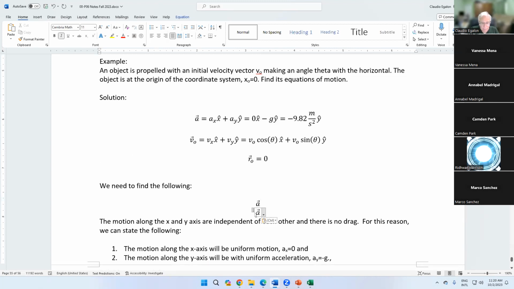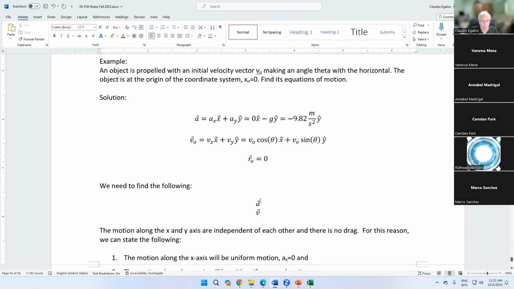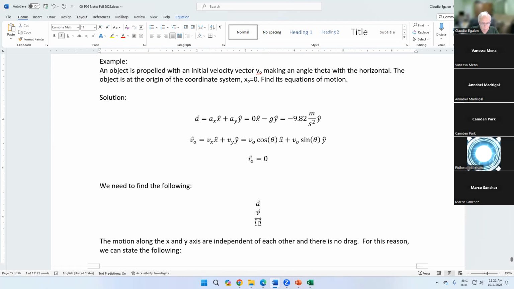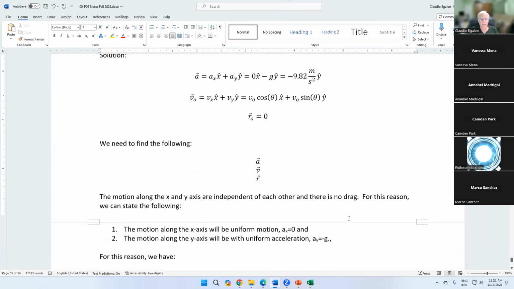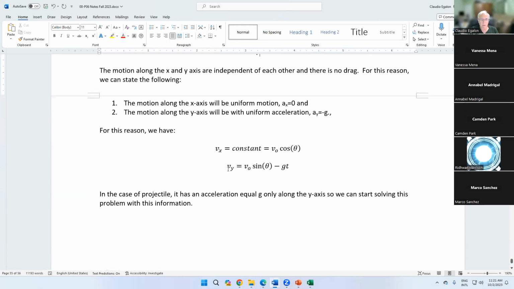We need to find V. We have V naught, but we do not have V at the beginning of the problem. And we need to find R. We have R naught, but we do not have R, which is the generic position. This one we just found, and this one I'm going to find out now.